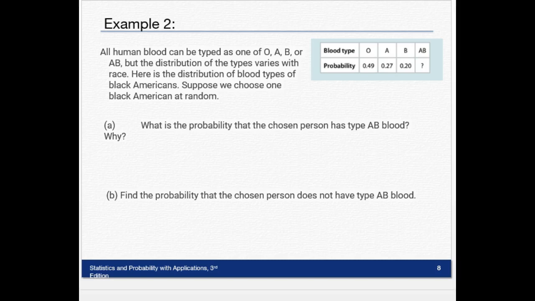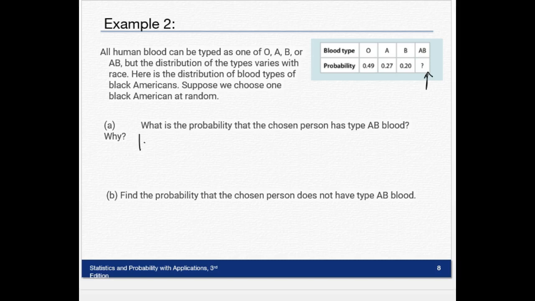Now, look at the table. They didn't give us that, right? But we know a probability property. One of the properties says that all the probabilities have to add up to 1 because everybody has a blood type, right? And so these all have to add up to 1. So to find out what that AB blood type is, we're going to have to subtract them from 1.